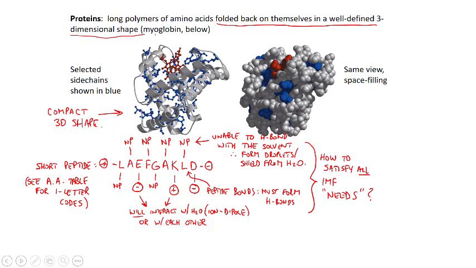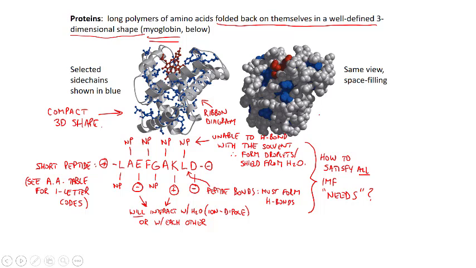So what we're seeing here is myoglobin. Myoglobin is a protein we're going to talk about more next week. We're showing two different views of the same molecule. One on the left is what's called a ribbon diagram. One on the right is a space-filling diagram. So in the ribbon diagram, we have some side chains that are shown in blue as balls and sticks.